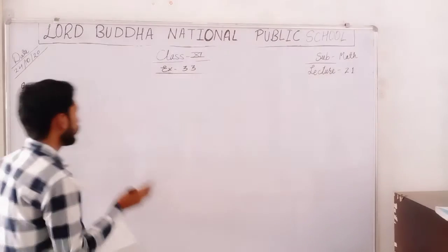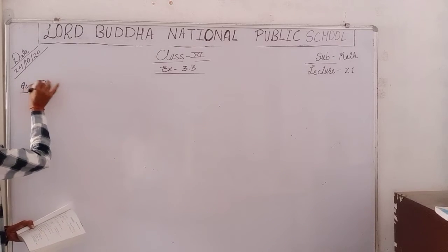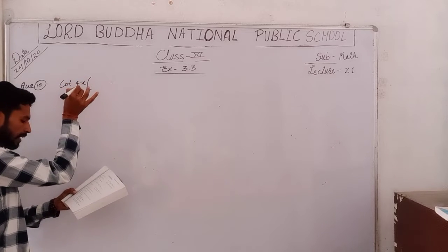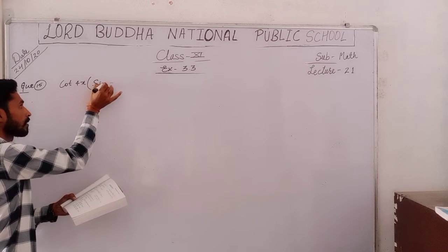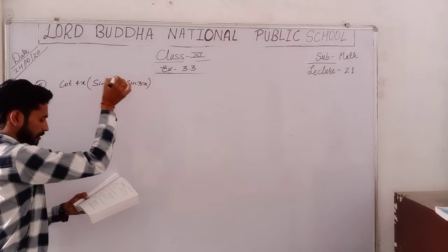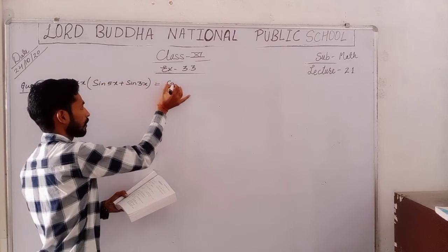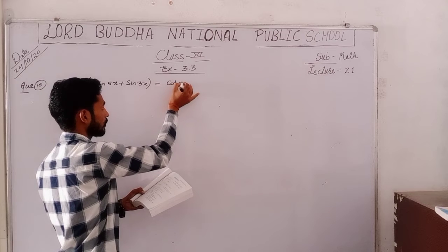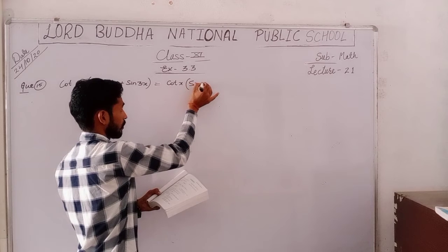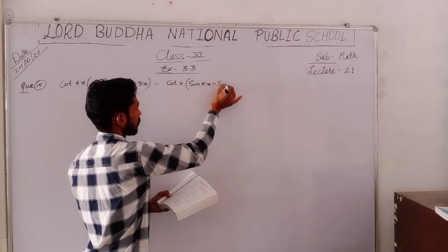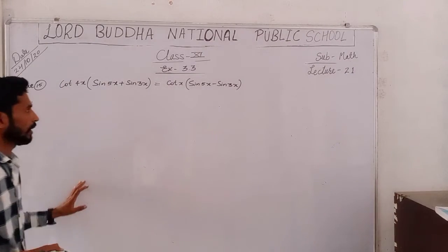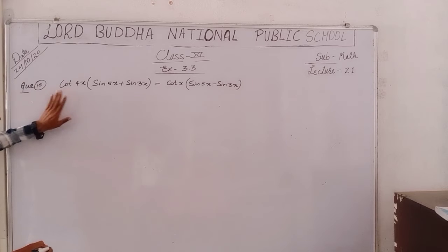Now question number 15 is cot 4x into the bracket sin 5x plus sin 3x, that is equal to cot x into sin 5x minus sin 3x. We will solve this question separately, the left hand side and the right hand side.